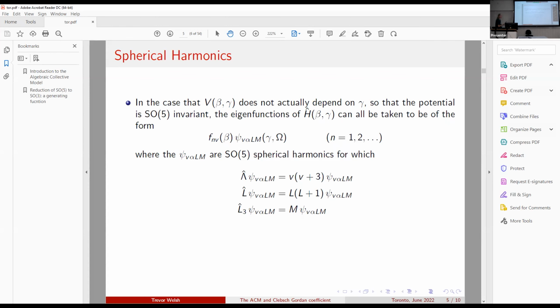The label N is just some set of labels, it doesn't matter. Effectively, it's been diagonalized independently on the two different spaces, the radial space and the spherical space. These are SO5 spherical harmonics, and they satisfy these eigenfunction, eigenvalue equations.